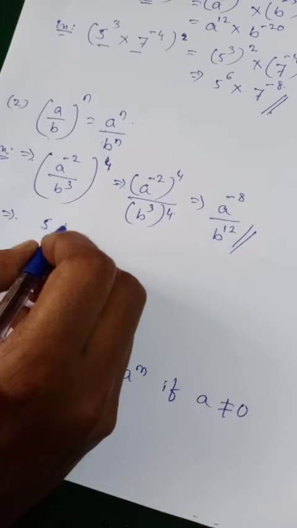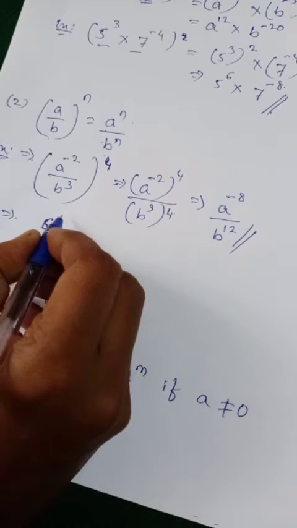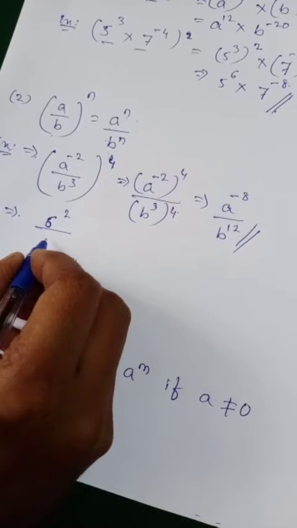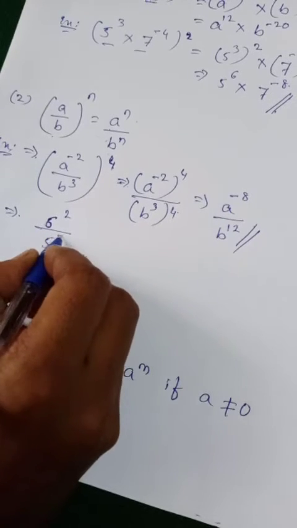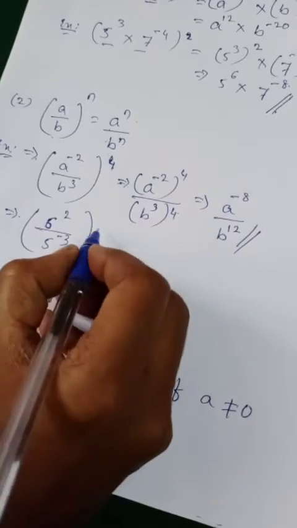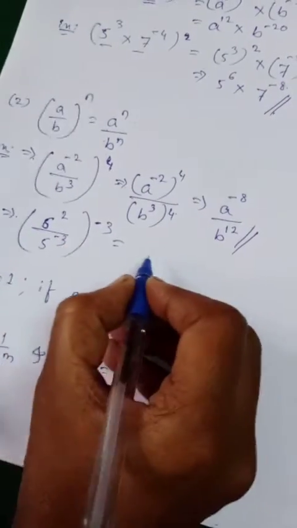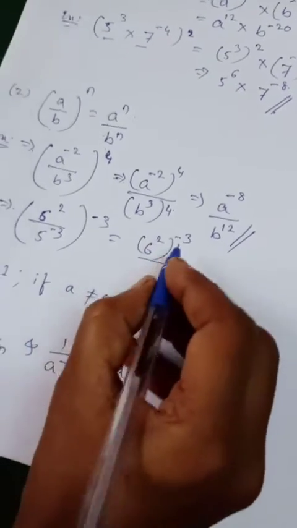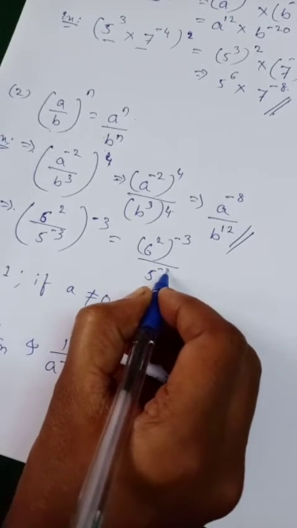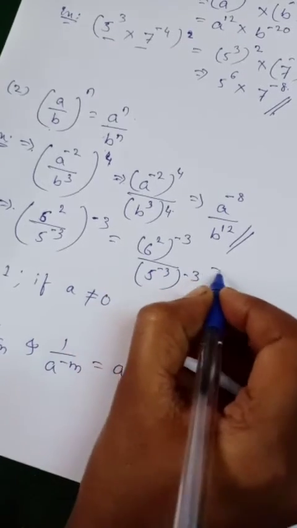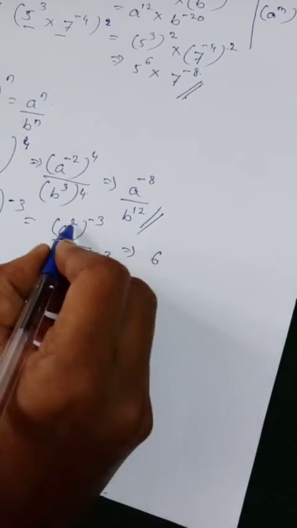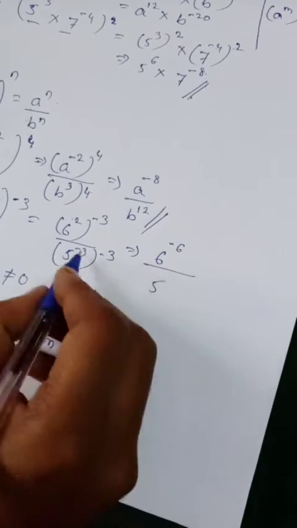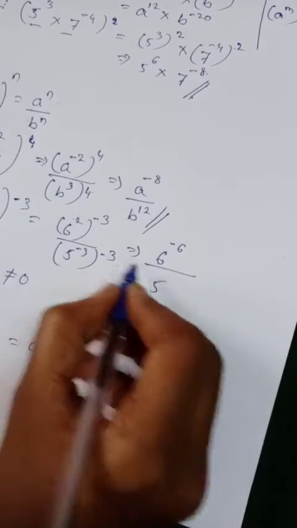Okay, I'll take one example: (5^(6^2) / 5^-3)... that is (6^2)^-3 divided by (5^-3)^-3, which is nothing but 6 to the power 2 times minus 3, that is minus 6, divided by 5 to the power minus into minus, which becomes plus, 3 threes are 9.